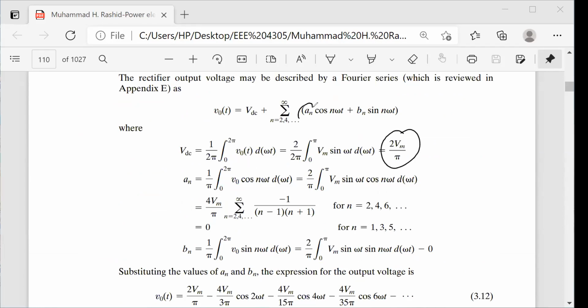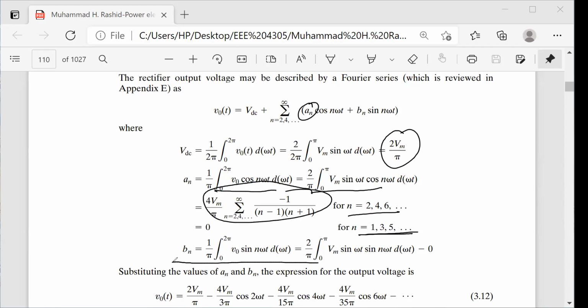And this an we can find out. The formula of the an is this one, and it will be 0 for odd harmonics, if you put n equal to 1, 3, 5. And for the even harmonics, you will get this expression. And bn will be always 0.